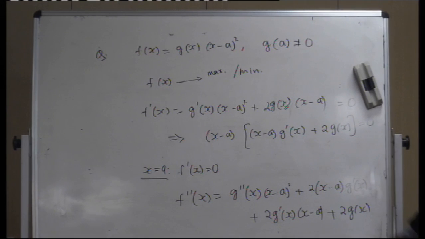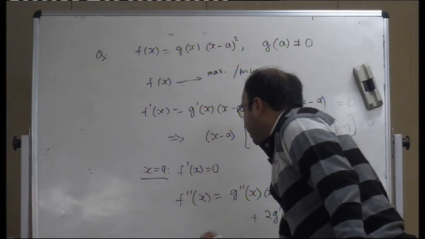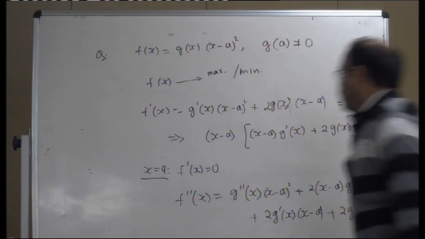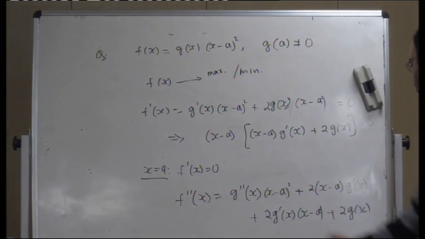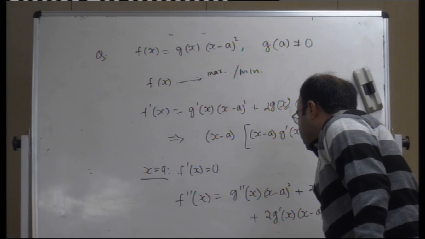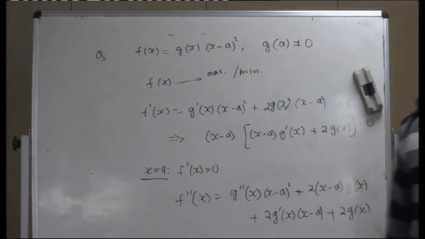Again we have applied the product rule here as well as here. Now when we put x equal to a, f double dash of a would be equal to, here it would be 0, 0, 0, only you will get twice of g(a). I hope you understand this part now. This is twice of g(a).